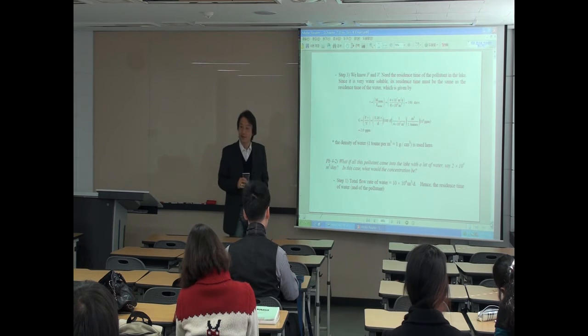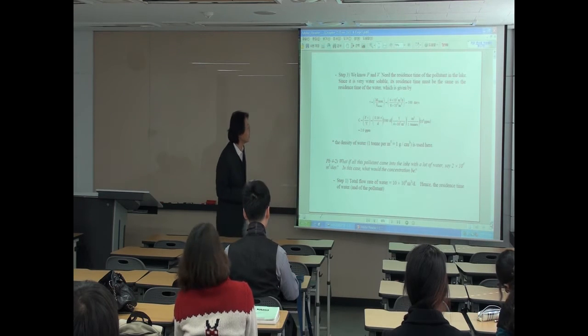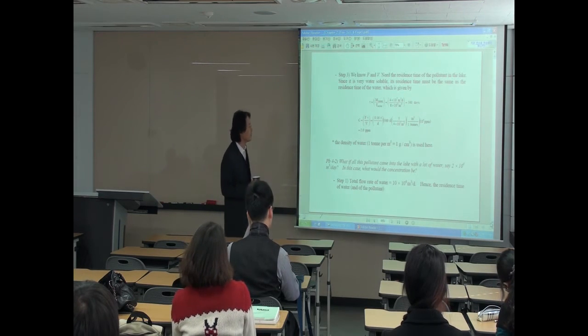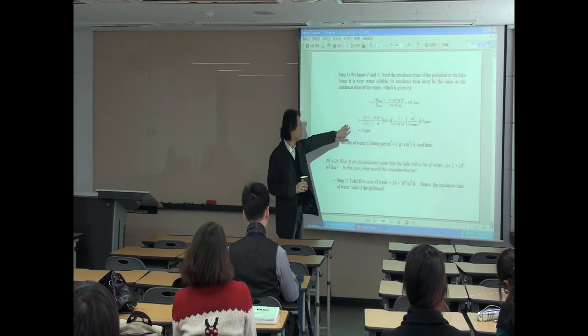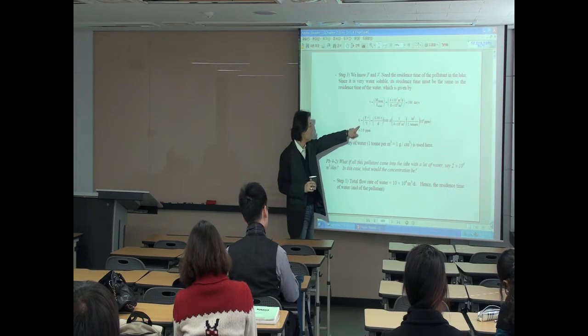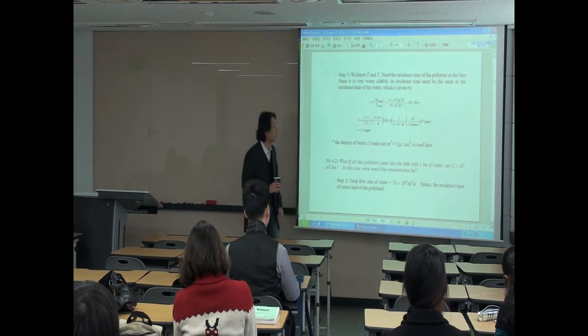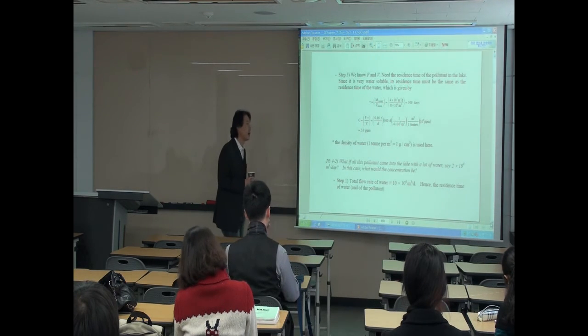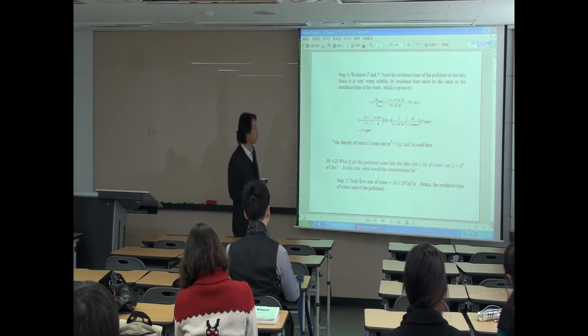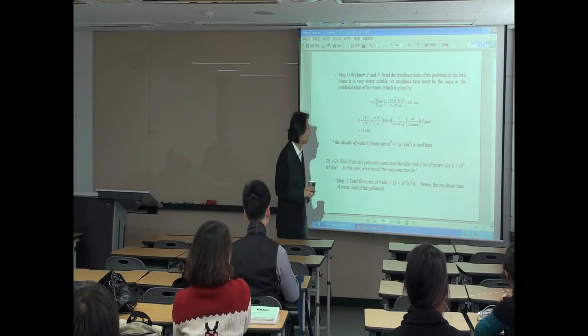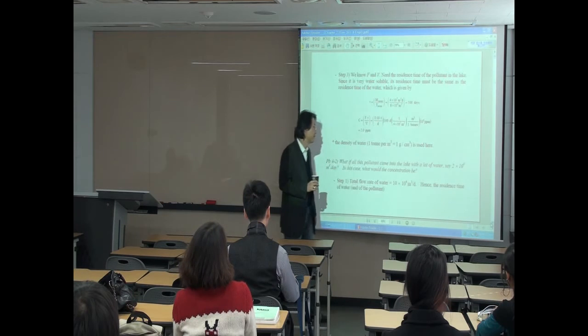Wow, 500 days, right? It is almost 2 years. And then the concentration can be obtained by this calculation, flow times retention time divided by volume. Well, you can get 2.0 ppm.